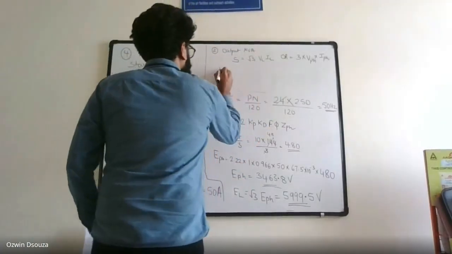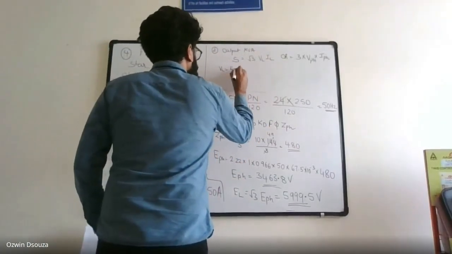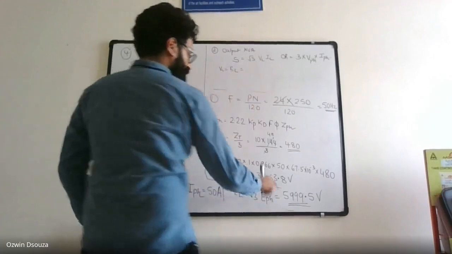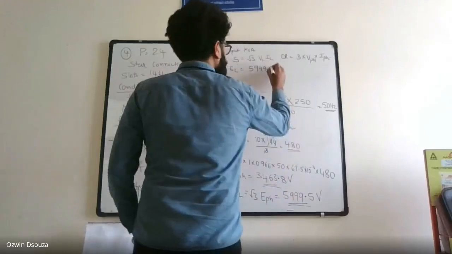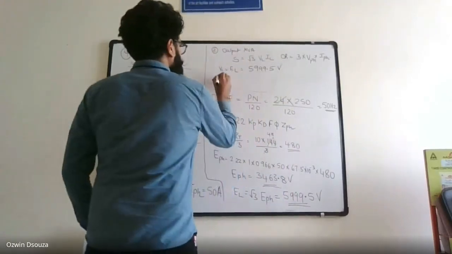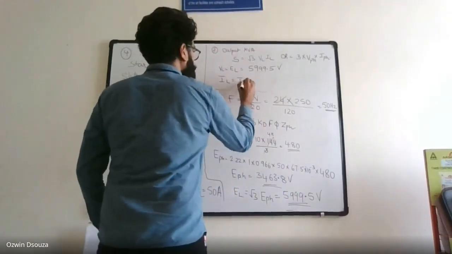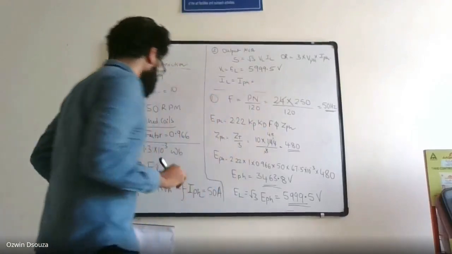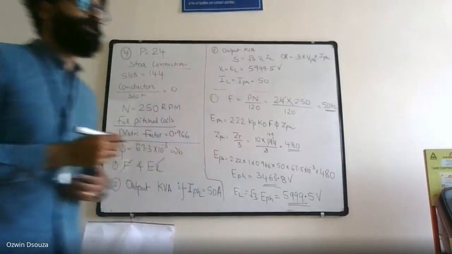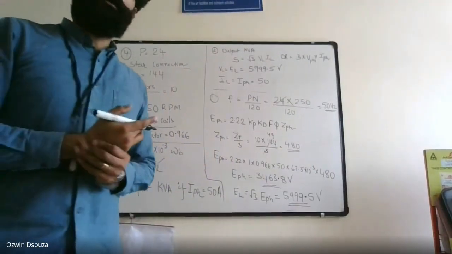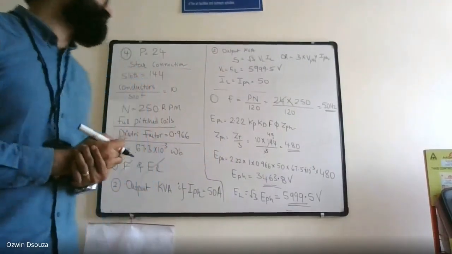Where VL is equal to EL, and that is 5,999.5 volts. And IL is equal to I phase is equal to 50 amperes. So it's a star connected system. In case of star connection, line current is equal to phase current.